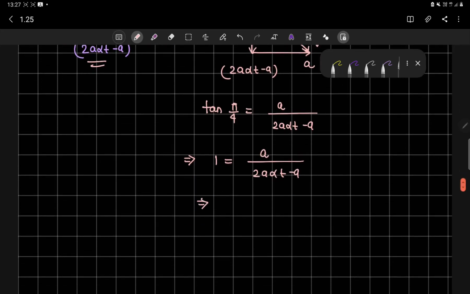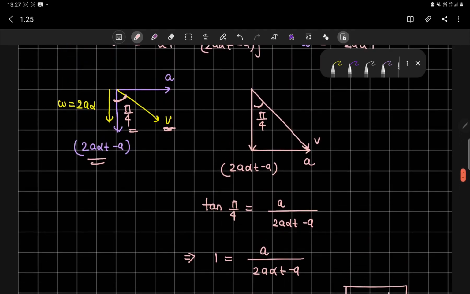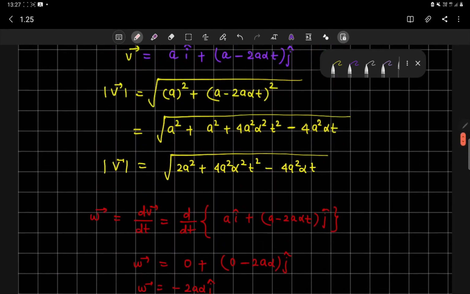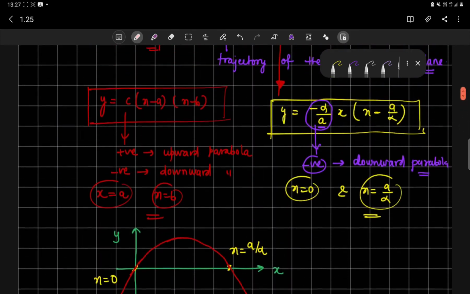From here we will get 2a alpha t minus a is equal to a. So we will get t is equal to 1 upon alpha. So this is the time at which the angle between the velocity vector and the acceleration vector will be pi by 4. Okay, I hope the entire procedure is clear.